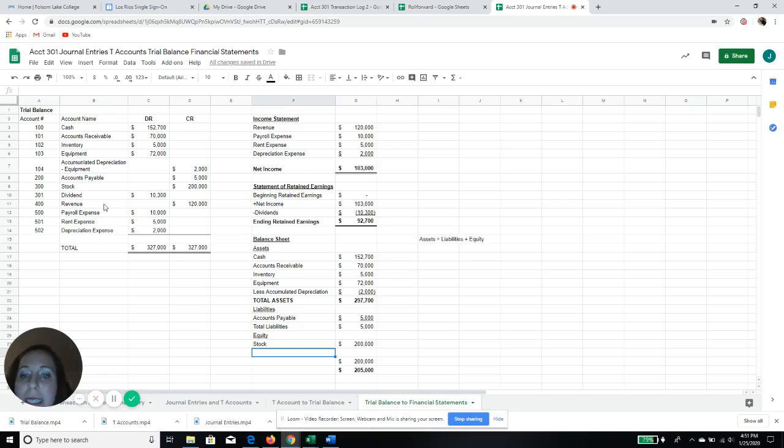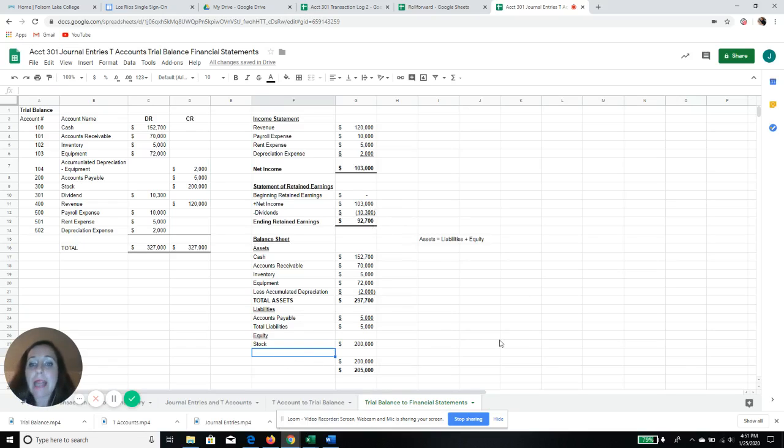But I'm not going to list those all out separately on my balance sheet because my revenue and expenses are already part of net income. And net income and dividends are already part of retained earnings. Let me show that again. So my revenue minus expenses gave me net income. My net income and my dividends are in my retained earnings.